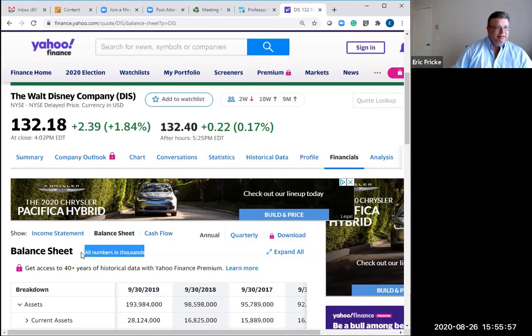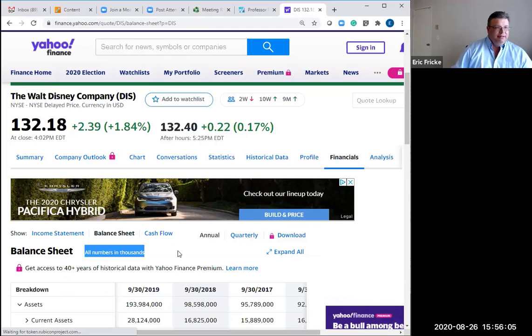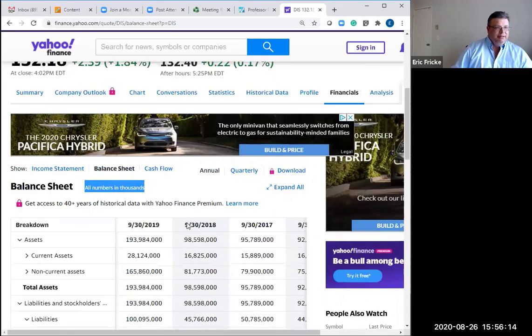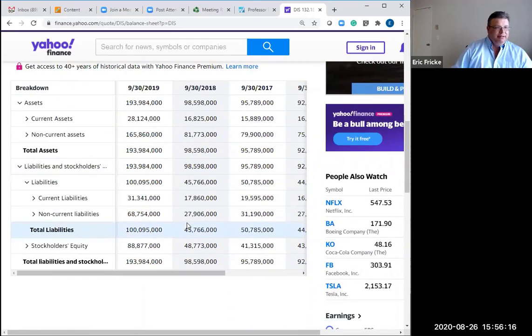That's how you know that you have to add 3 zeros to every number that you see. That's important. If you're on a quiz or something like that, and someone asks you, what's the value of assets? And you say, you know, 85 million or something instead of 85 billion, that's a big difference. So that's stockholders' equity. So that's the book value right there of the company.